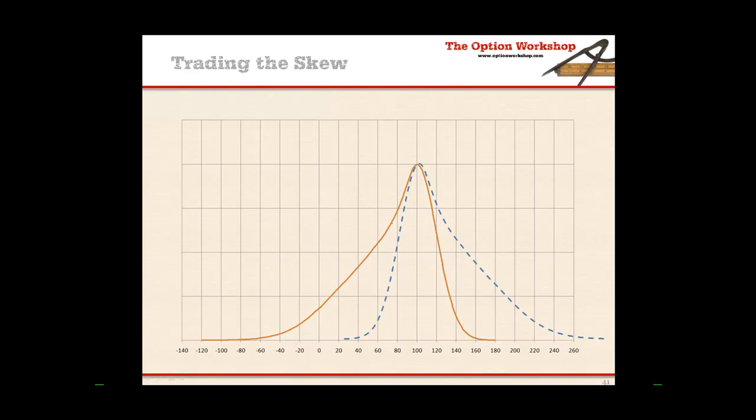What we can do here is if prices are here on these puts and we think prices should be here, then we can sell these puts with the idea that they're overvalued and that they can come down to here. We can also buy these cheap calls here with the idea that they're undervalued and that they can come up here. But what we're talking about now is this half condor where we're selling these puts.